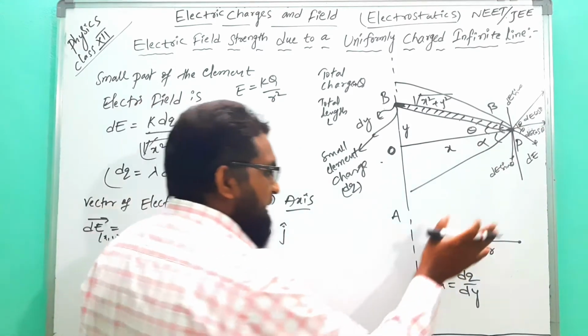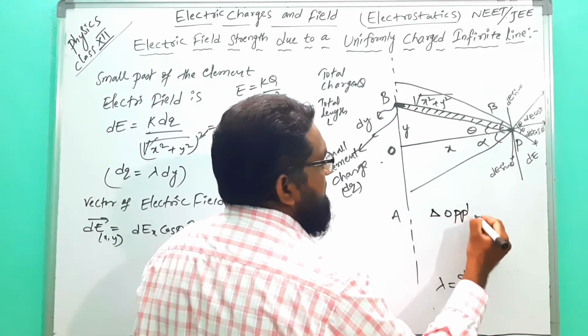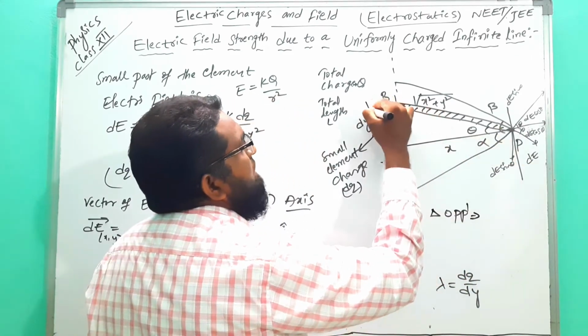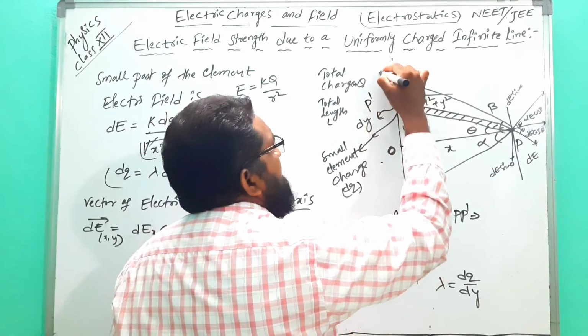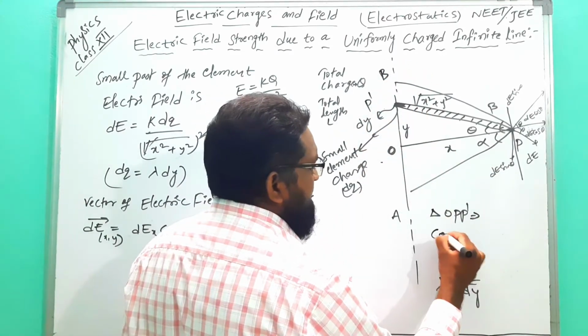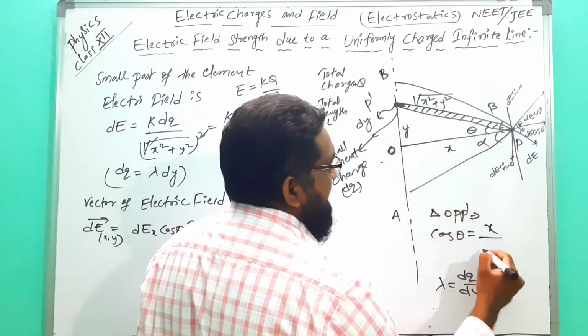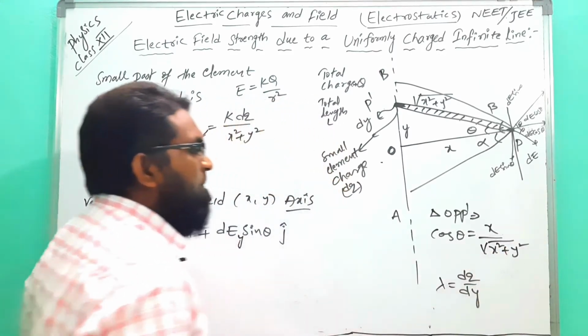So first, the triangle OPP dash: cos theta equals adjacent side x by hypotenuse root over x square plus y square.